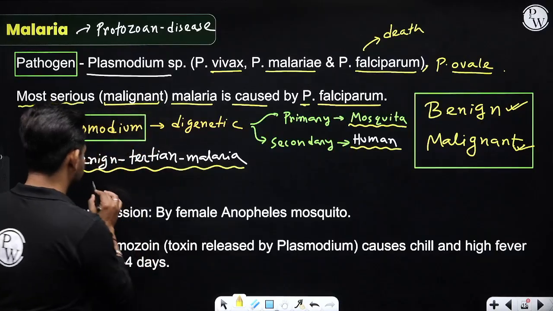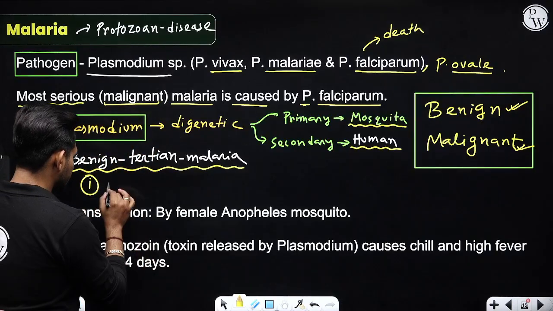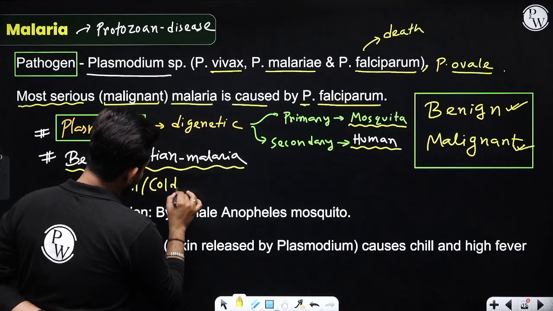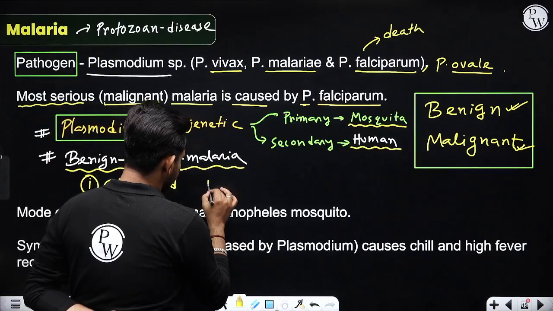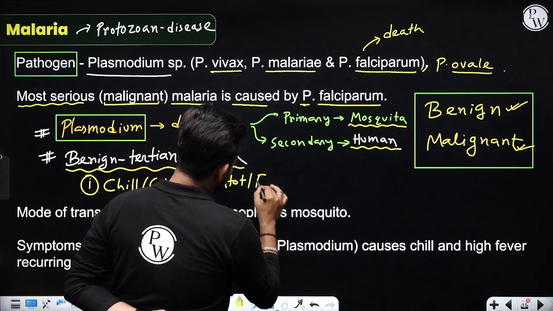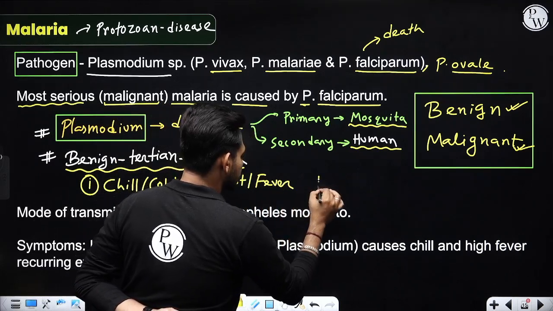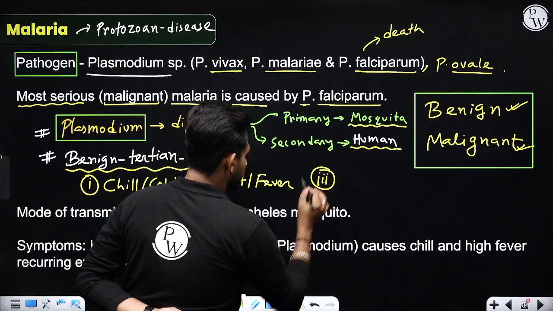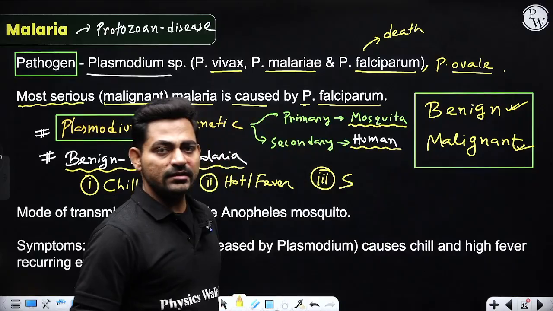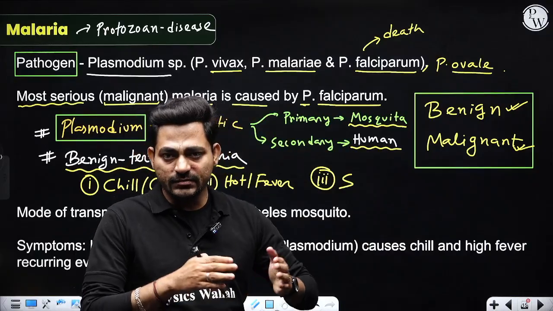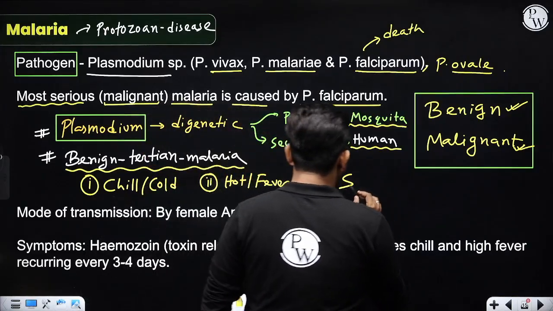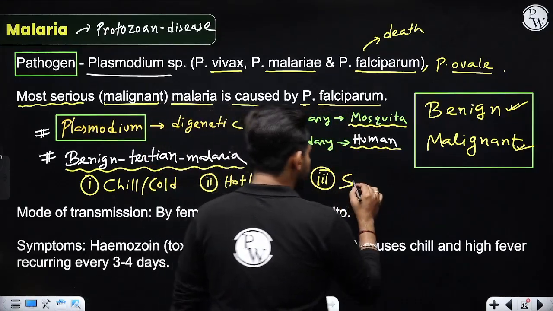It has 3 stages. First, the chill stage, where you will be feeling cold. Second, the hot stage, where you will feel fever. And the third stage: there will be fever with a span of 3 to 10 hours, and after that the fever will go away with sweating.